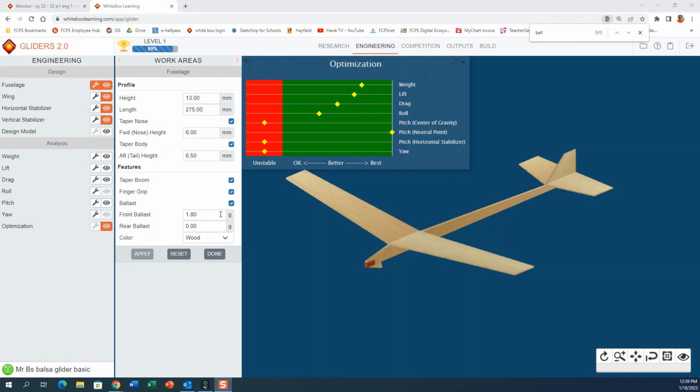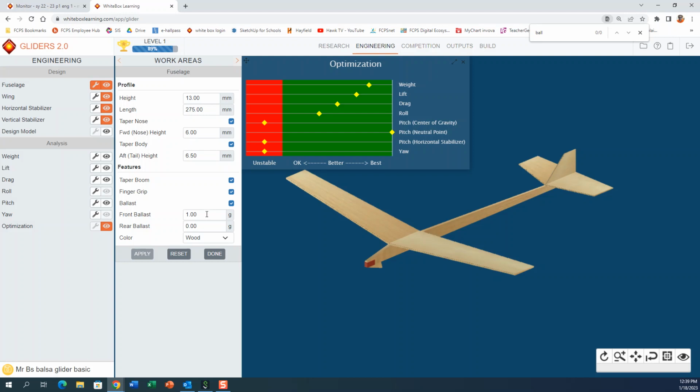Okay, I don't know, let's kind of reduce that because I don't know how much ballast we're going to need now, and that just made our weight a lot better. 1 gram is actually, in the world of balsa gliders, a fair amount of weight. So you probably need some.